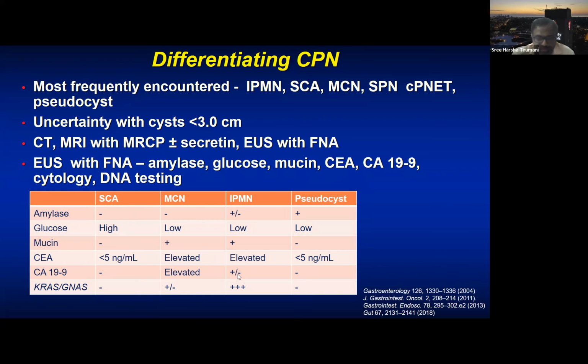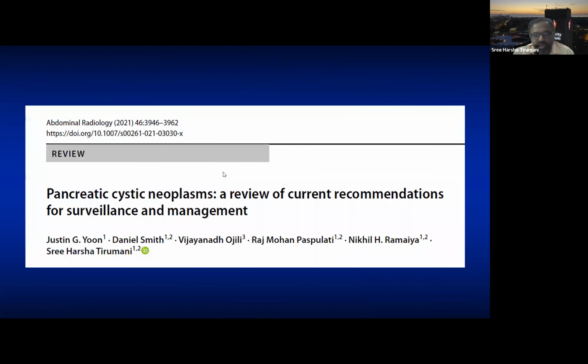So when they do the cyst fluid analysis and they find these two, then there is concern that we are dealing with malignancy. Of late, there are some genetic mutations which are also being analyzed. If the cyst fluid has some cells in it, they usually send it for analyzing some of these mutations in KRAS, GNAS, and, I didn't mention it here, the P53 mutation. So these are used to at least know if there is any malignant potential. EUS with FNA is a very key component of the workup these days.